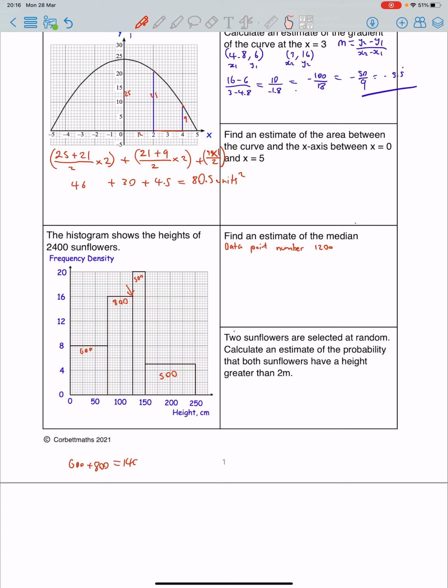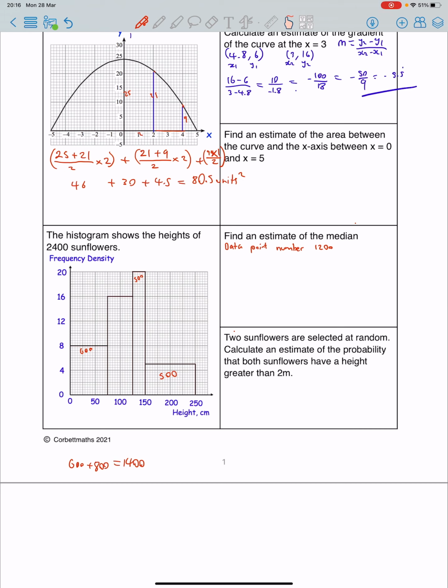But we only want to go up to 1,200. So we need to split this bar in such a way that we can interpolate this.